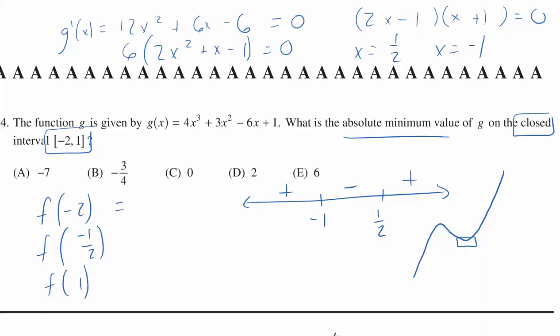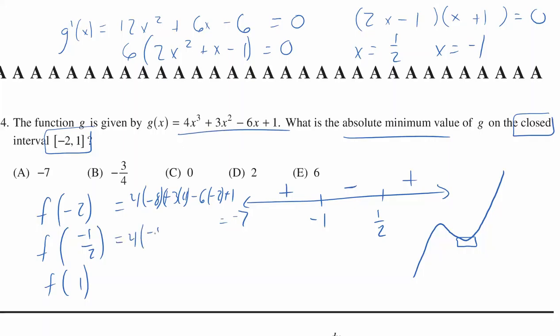If I put in -2, I think we get 4 times -8 plus 3 times 4 minus 6 times -2 plus 1. We get -7.